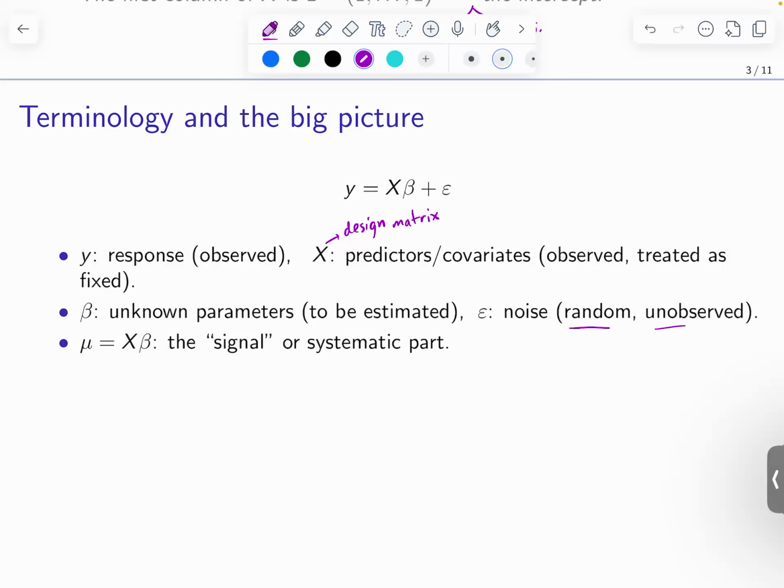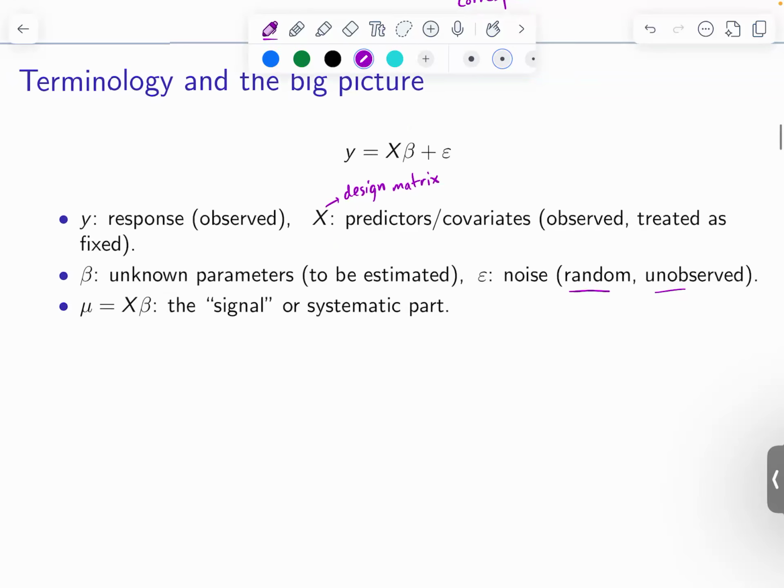In this course, we often assume it to be fixed, deterministic. For this reason, this is called fixed design regression. You can have random design in which you model X as random, but we're going to do the fixed version, which is very common. And then mu, which is X beta, we can call the signal or the systematic part, whatever you want to call it. This is the key thing.